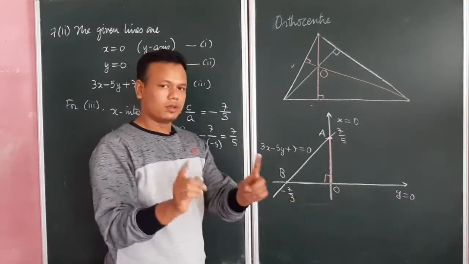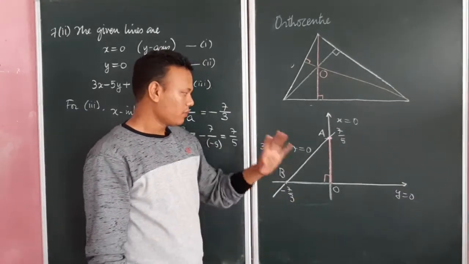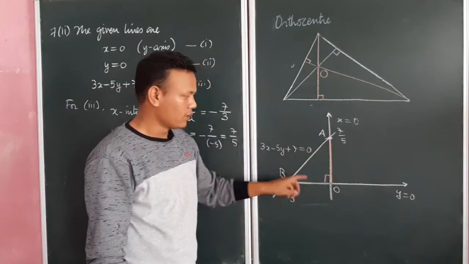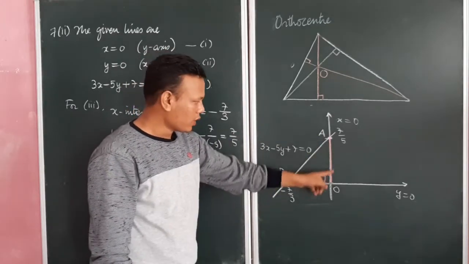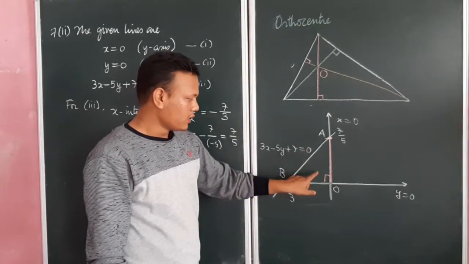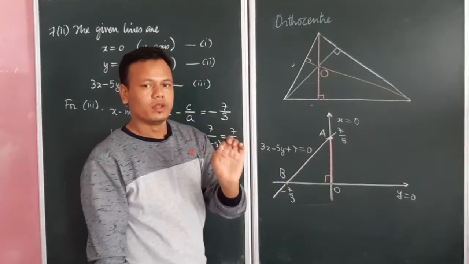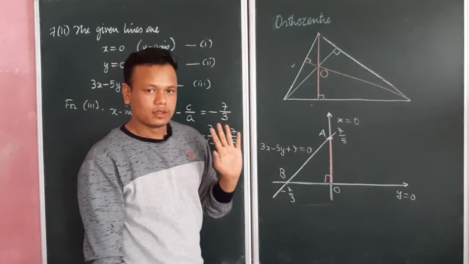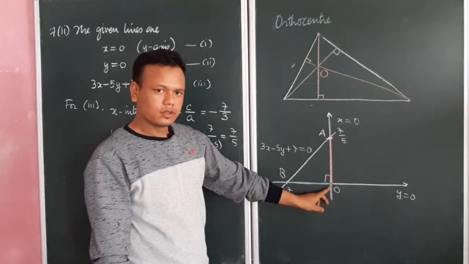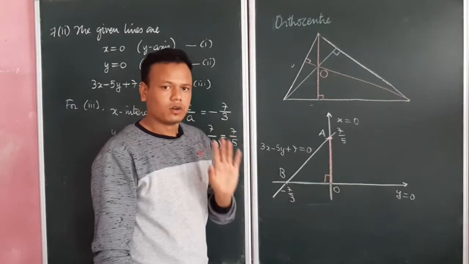So from here we came across a very important thing to know: in a right angled triangle, wherever there is 90 degrees, that point will be your orthocenter. So the orthocenter here is the origin.